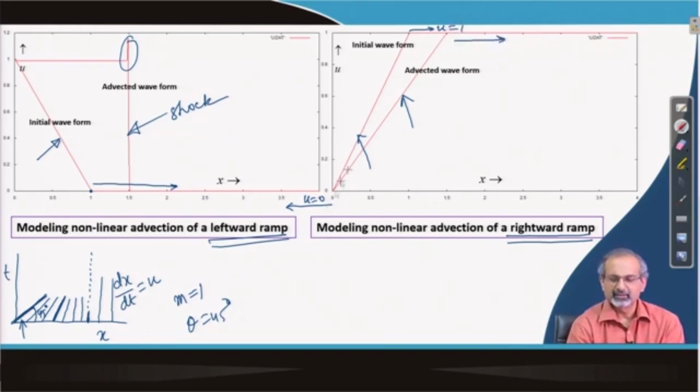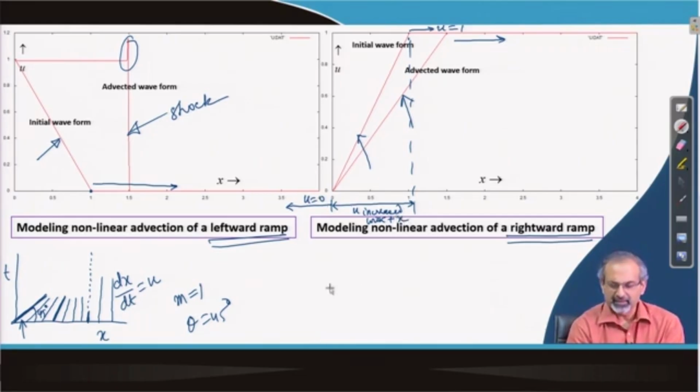That means the velocity in this intermediate range has changed from 0 to 1, right. So, u has increased with positive change in x in this region.